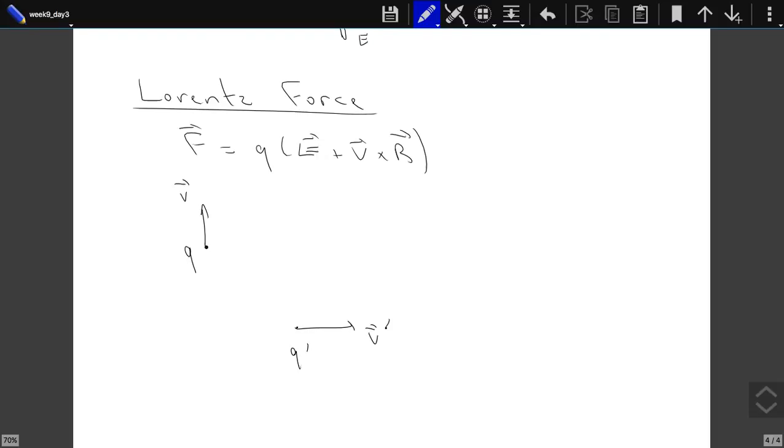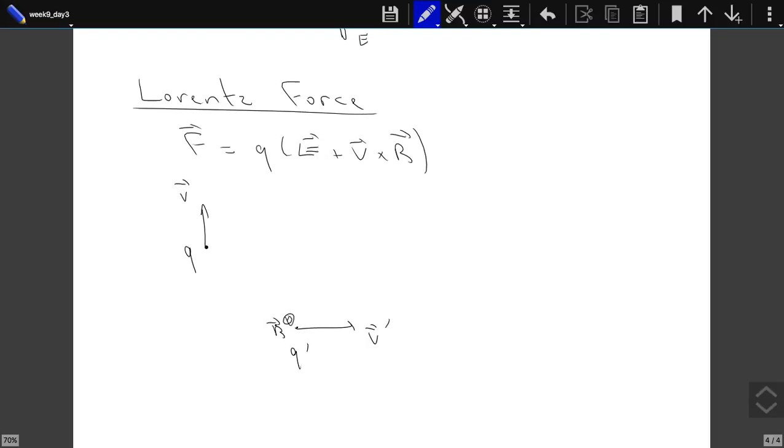Plus they will also be exerting electric forces on each other. But let's concentrate on the magnetic forces for the time being. What is the direction of the magnetic field created by Q at the position of Q prime? Inward. Use your right hand: this is the direction of V, and your fingers curl in the direction of B, so it should be inward.